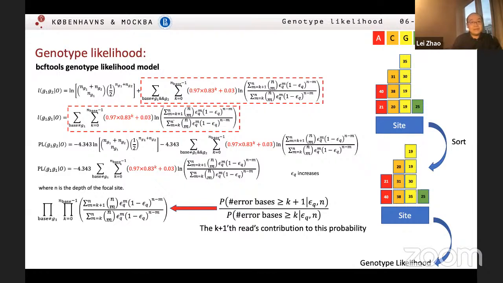But genotype likelihood has a lot of other models. They will use this kind of recalibrated base calling error or mapping quality or other things like the reference bias to calculate. I will go through the models, but I will not go into details about them.